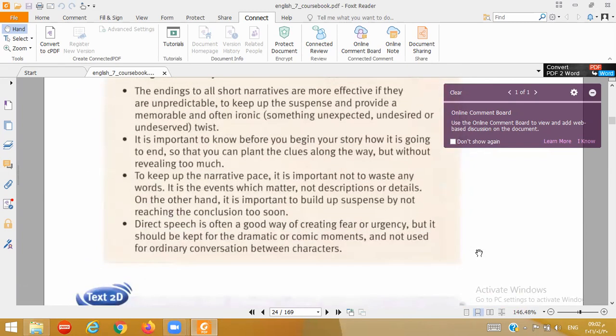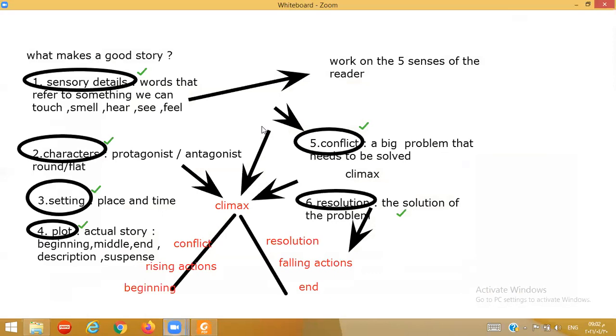So your homework, and I want to see it today or tomorrow at most: write a tale of your own imagination. Yes, that's it.